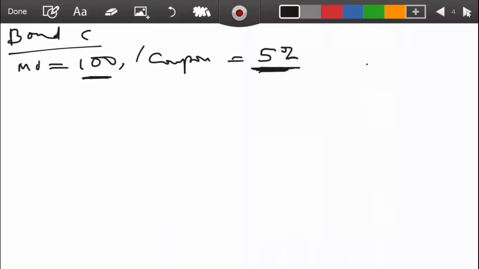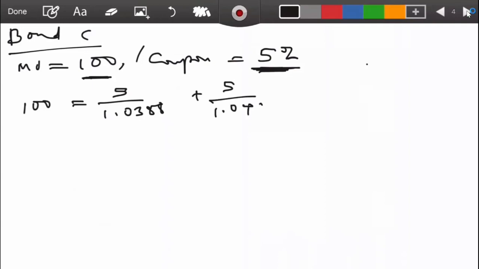So the market value of 100 is equal to 5 for year 1 all over 1.0388, which was calculated earlier. For year 2, it will be 5 all over 1.0496, raised to power 2.